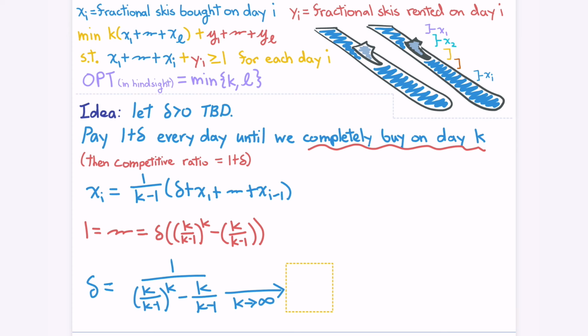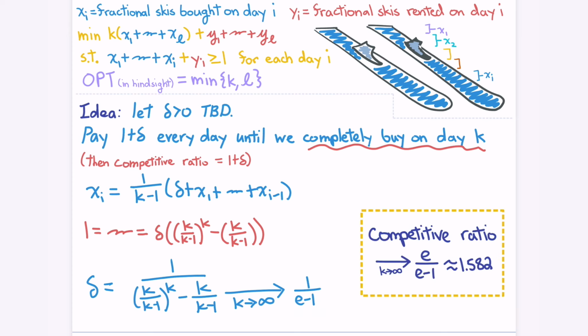So you end up with 1 over e minus 1. And since your competitive ratio was 1 plus delta, you'll end up getting e minus 1 plus 1 over e minus 1. That's e over e minus 1. So you get about 1.6. Okay, so you do slightly better.